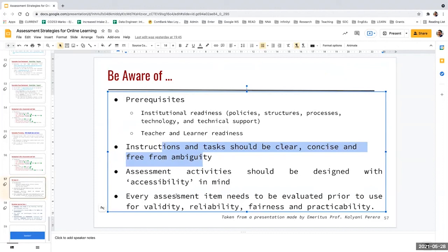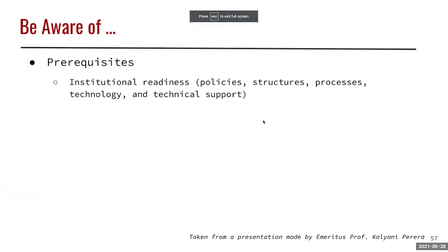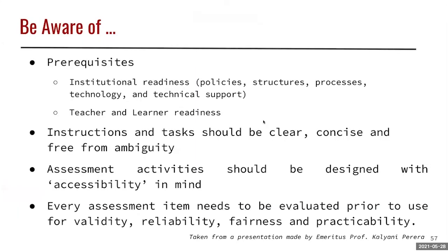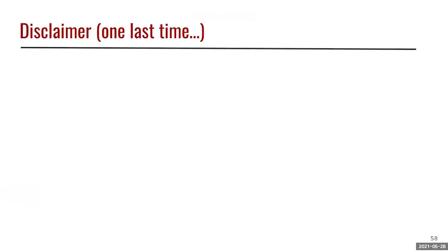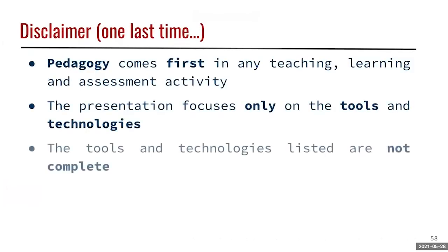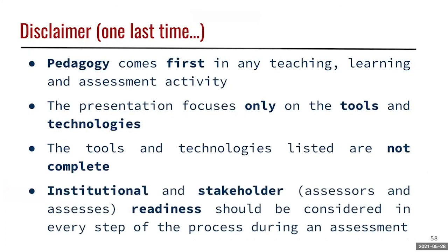For any assessment we have various constraints and considerations: the validity, reliability, fairness, and practicability of the assessments has to be there. Again, this is something I took from the same guide I was talking about earlier, the UGC guideline. So make sure you look at that before you do some serious assessment. And I already mentioned these disclaimers at the beginning, just to remind you one more time.